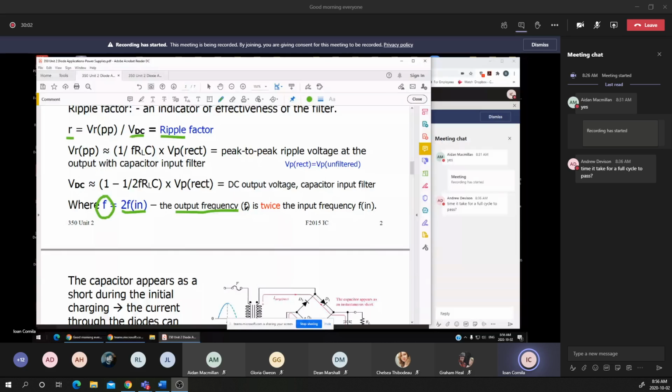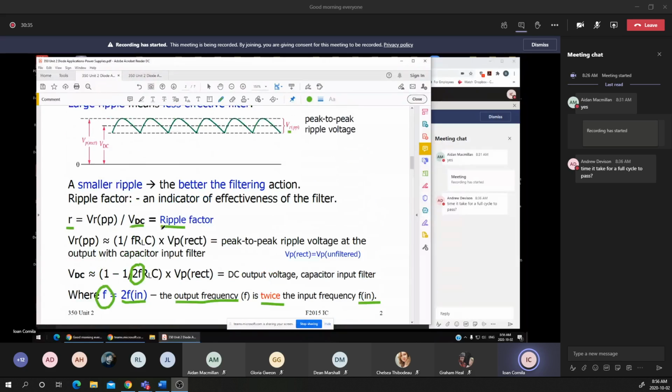I started going back in the previous lecture to emphasize that the frequency is always twice the input frequency, or F in multiplied by 2. For example, if the input voltage frequency, or the V in frequency, is 50 Hertz, what we are using in this calculation is 2 times F, which is 100 Hertz.